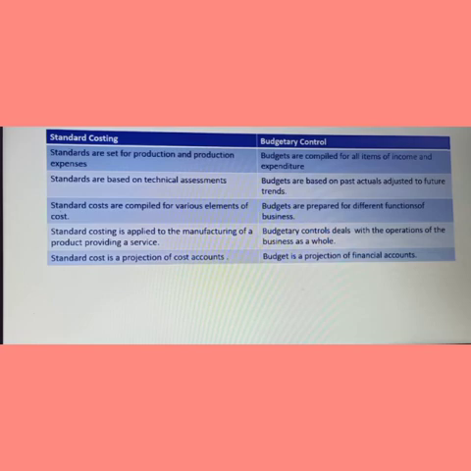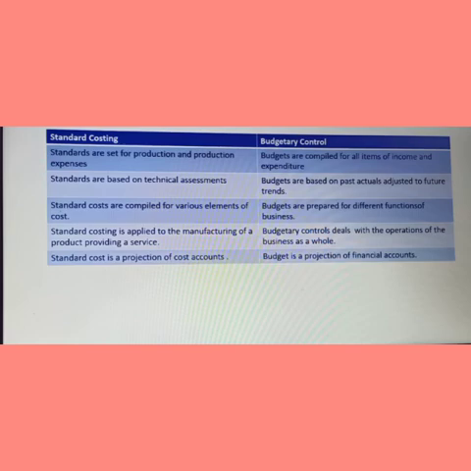Now, what is the difference between standard costing and budgetary control? Standard costs are set for production and production expenses. Budgets are compiled for all items of income and expenditure. In standard costing, standards are based on technical assessments. Budgets are based on past actuals adjusted to future trends.